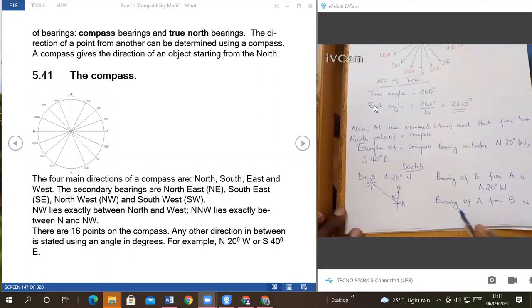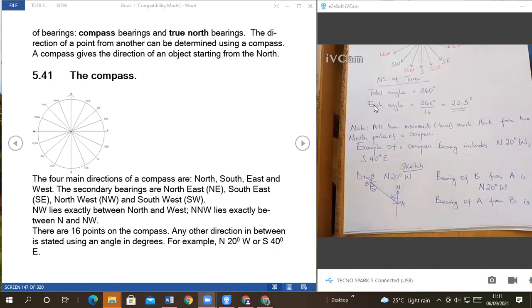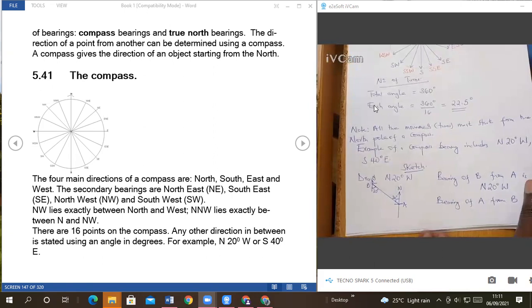Which means you need to know this angle, not so? These are alternating angles, so this angle is also 20 degrees. So what is that bearing? North 20 degrees. Is it north? Members, west 20 degrees north.